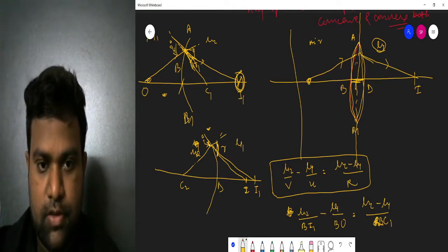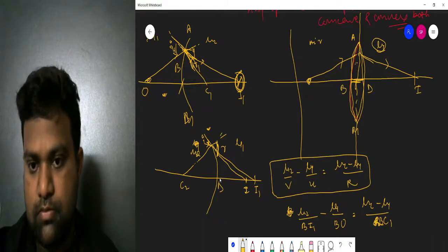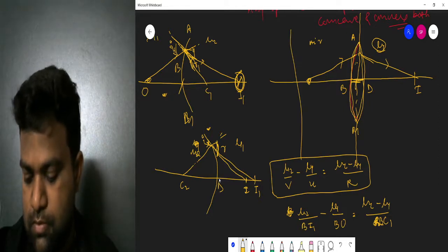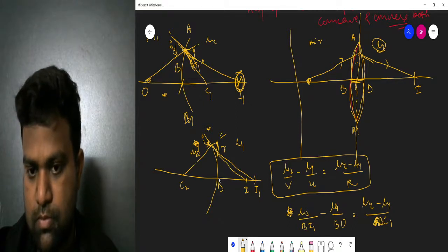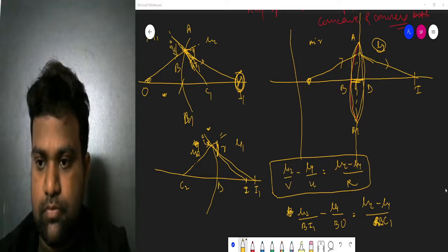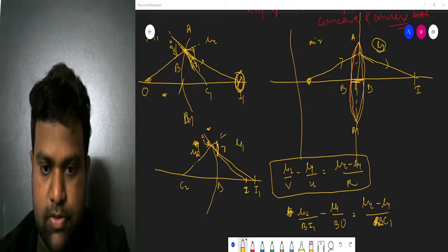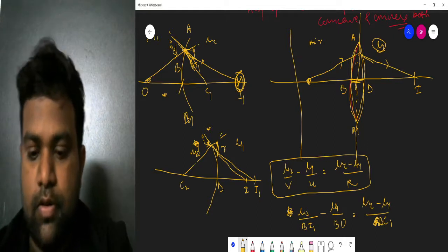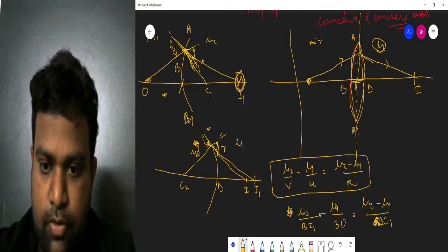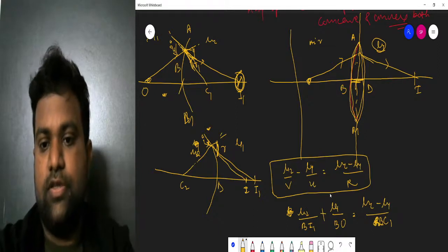Now for the second case, you can see here as we are writing BO, so we have represented BO as minus U, right? So it will be plus the first expression.